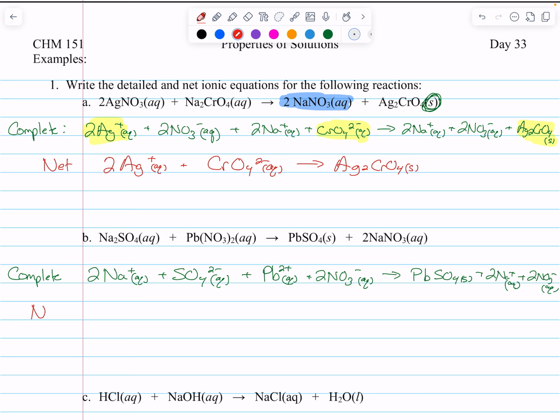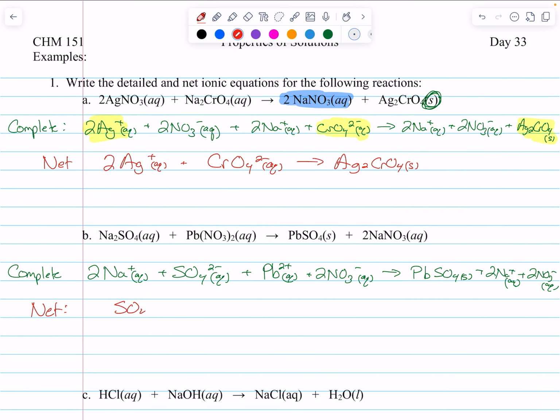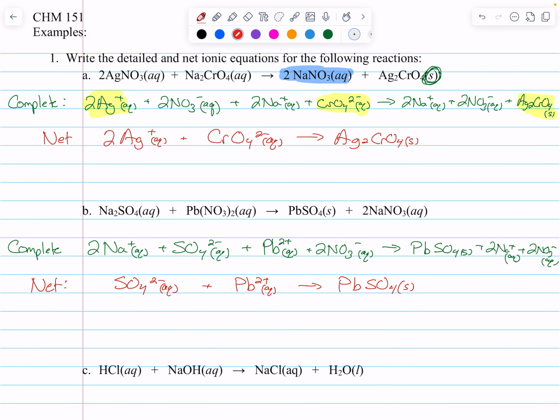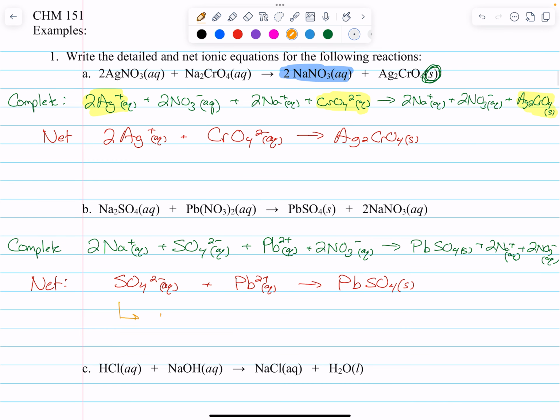Net. Well, what's our net? I have sulfate plus lead going to lead 2 sulfate. Now, that's great. Most of the time, you'll see the answer key written with Pb2 plus first, the cation.